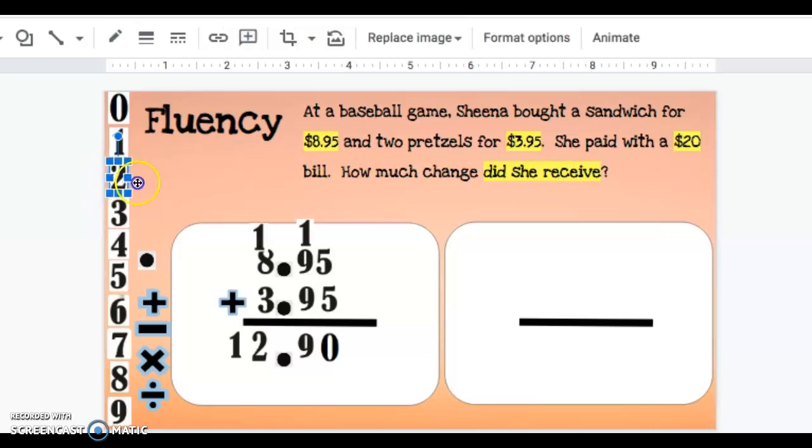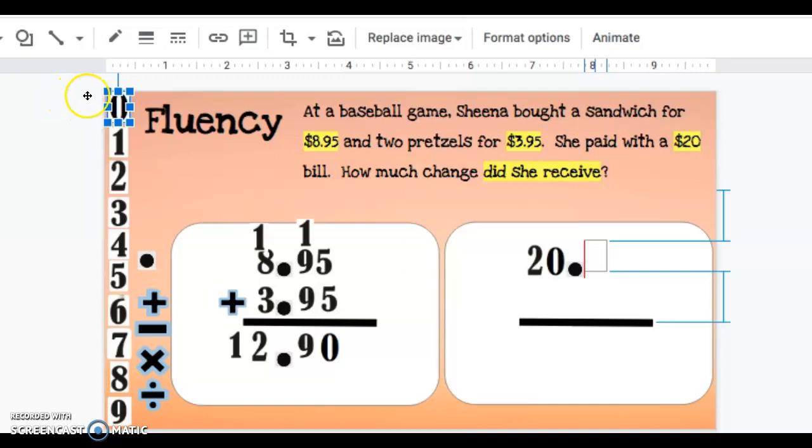So $20. So I put my 20. Computer's going slow. And when I'm dealing with a whole number, I know that the decimal point goes after it. And then I always put 2 zeros after the decimal point for placeholding purposes, and if I need to add more, I can.